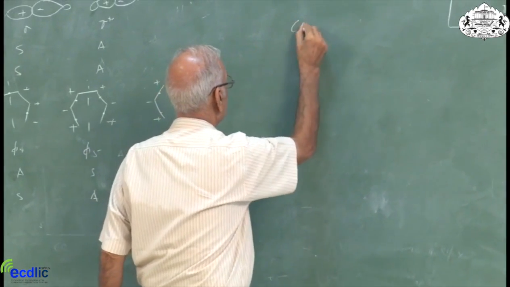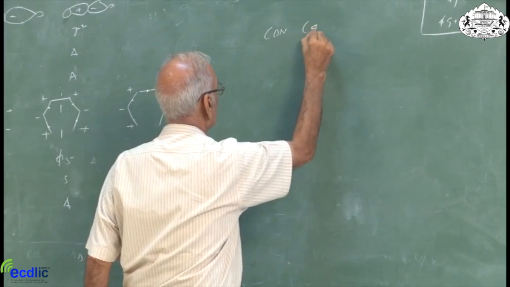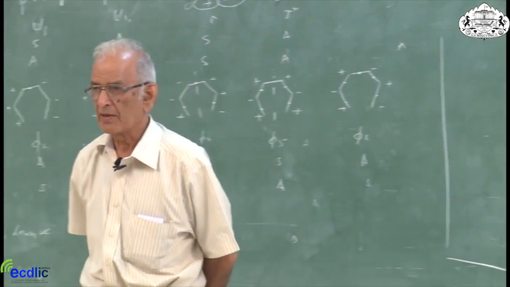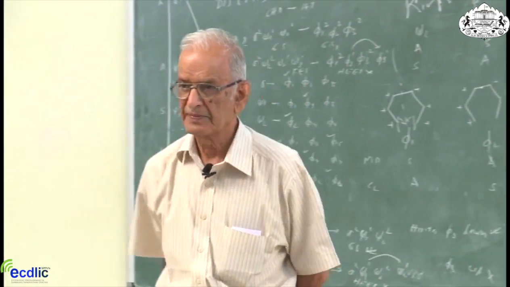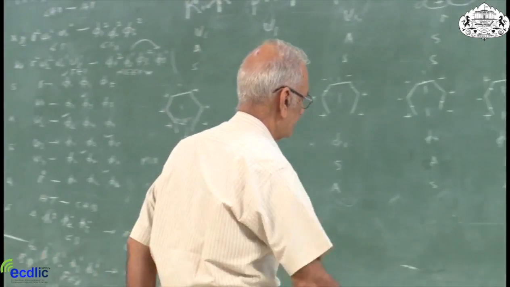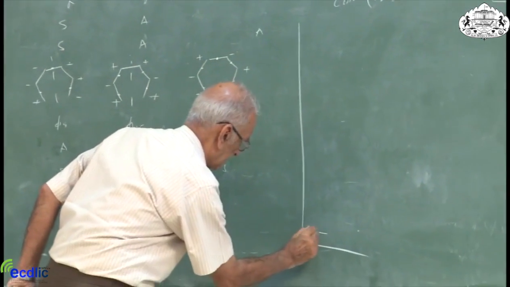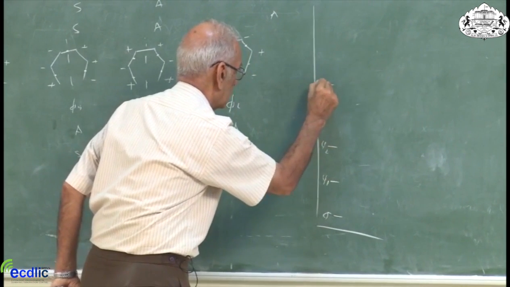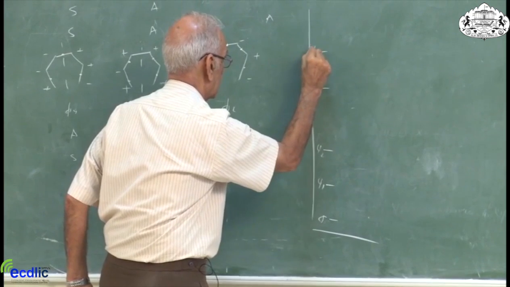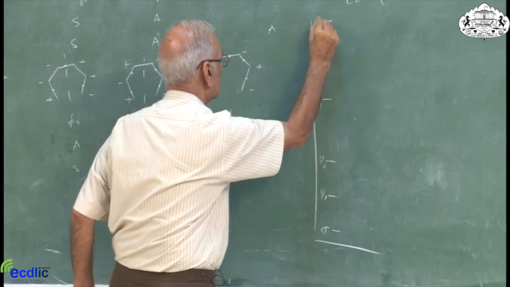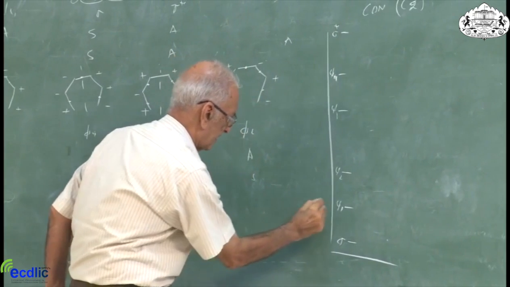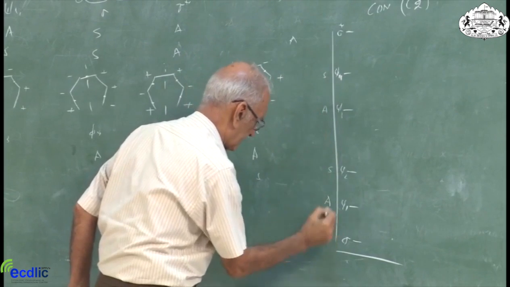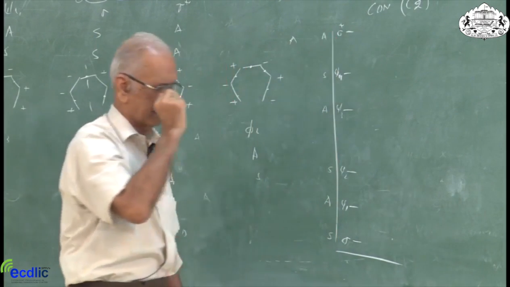So, we are now looking at the conrotatory process, and the conrotatory process should be associated with a C2 axis of symmetry. Sigma, psi 1, psi 2, psi 3, psi 4, sigma star: A, S, A, S. This is symmetric for both, this is anti-symmetric for both.